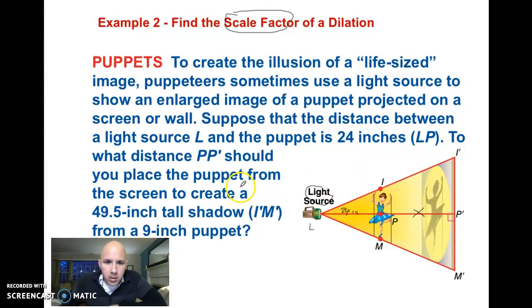That'll be our goal. We know how tall the shadow is, from I prime to M prime, which is the projected image: 49.5. And there's a 9-inch puppet, from I to M, so we'll say that's 9.